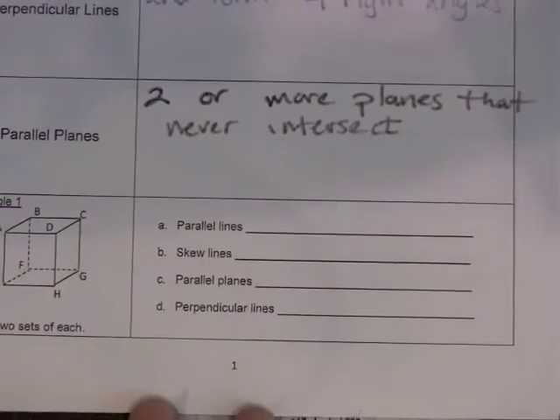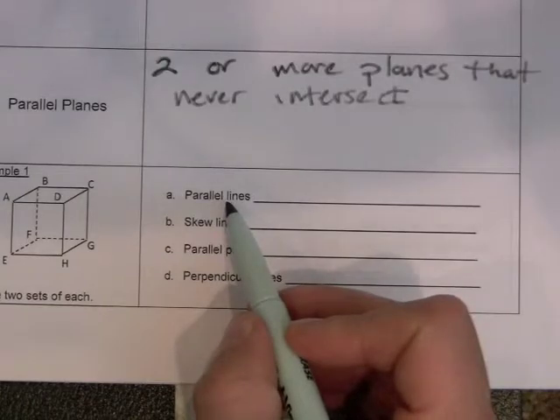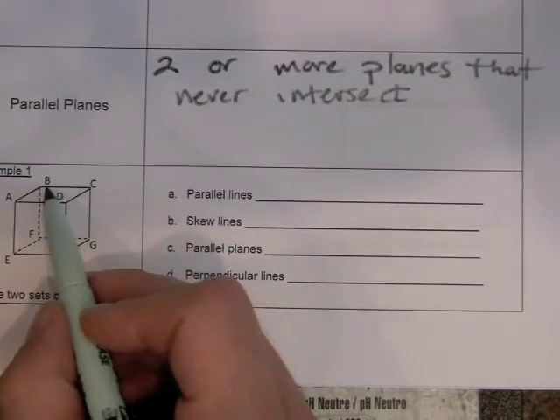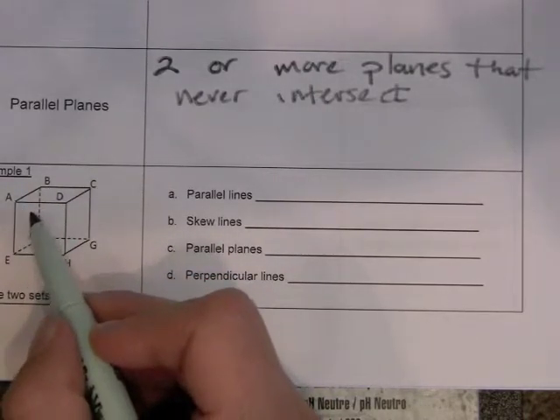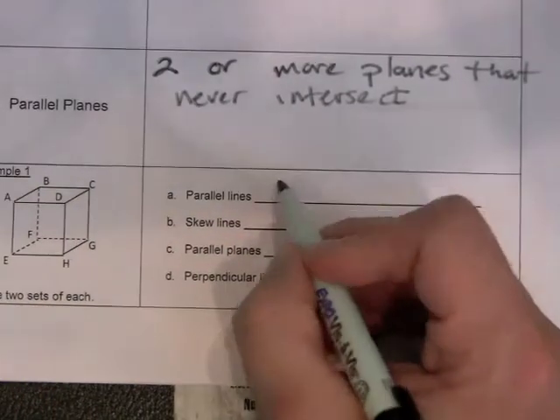Okay, let's look at this first example here. So we need to name two sets of each kind. Now there's more than two sets, but let's just come up with two sets here. So parallel lines. Well, parallel lines have to never touch, but be in the same plane. So if you look at this plane right here on the top, two lines that are parallel would be AB and CD.